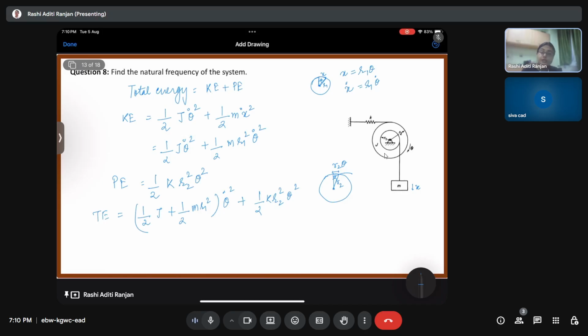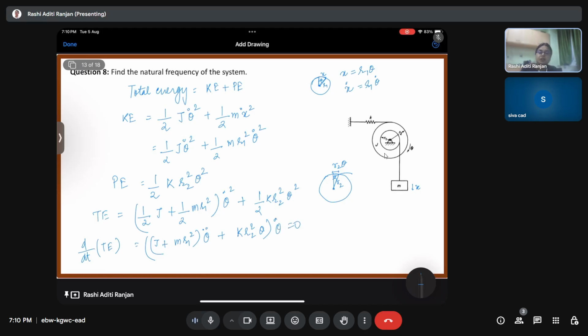Now since the total energy is constant throughout the time, if you differentiate it, it is going to be equal to 0. So d by dt of total energy is going to give us J plus M R1 square theta double dot plus K R2 square theta, this whole into theta dot is equal to 0.